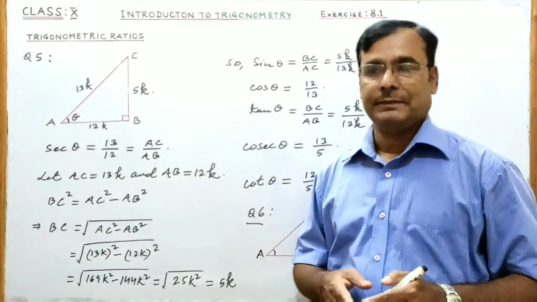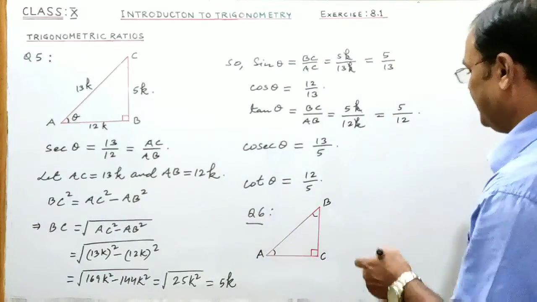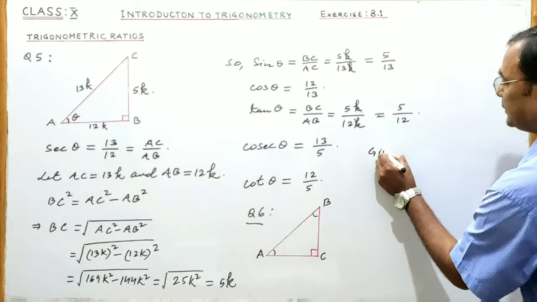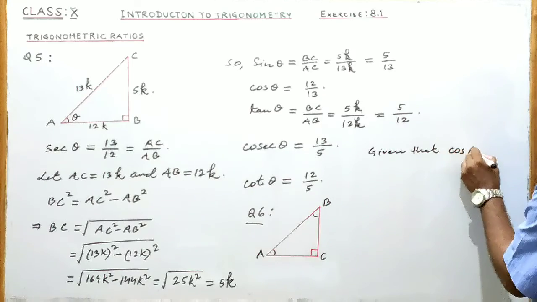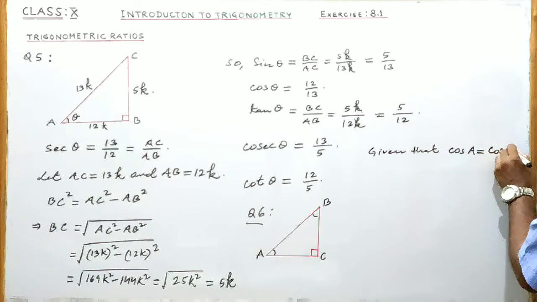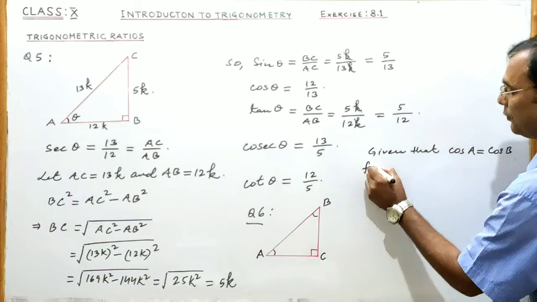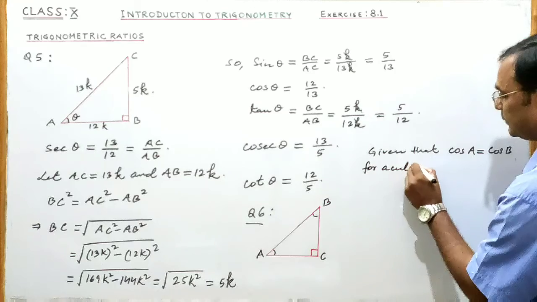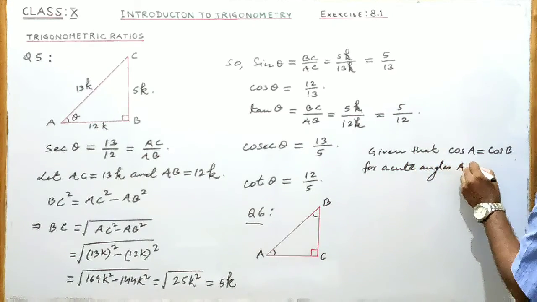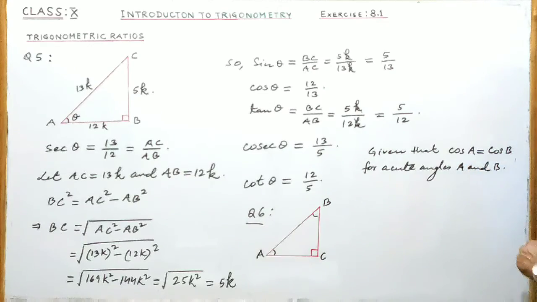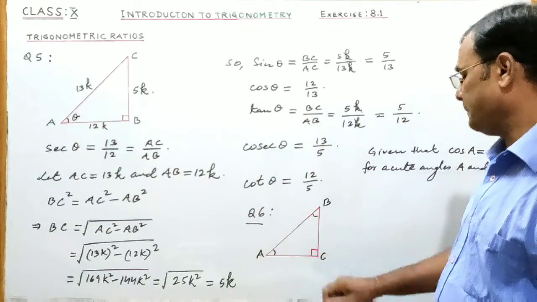We are given that for acute angles A and B, cos A is equal to cos B. Given that cos A is equal to cos B for acute angles A and B in a right angle triangle as shown in this figure.